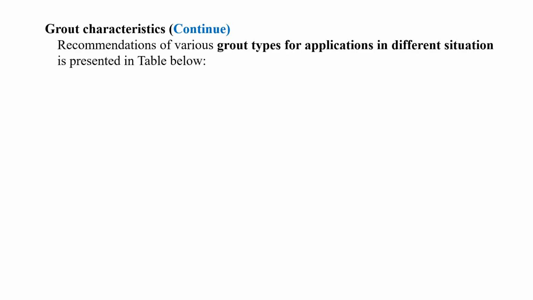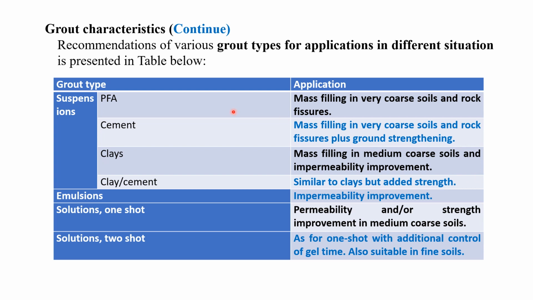The next, under the heading grouting characteristics itself, recommendations of various grout types for application in different situations are presented below. As we have already studied in the previous lecture, the different types of grouting materials are suspension grouts, emulsion grouts, and solution grouts.